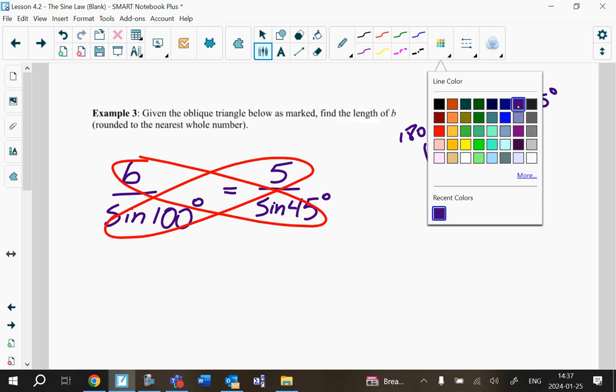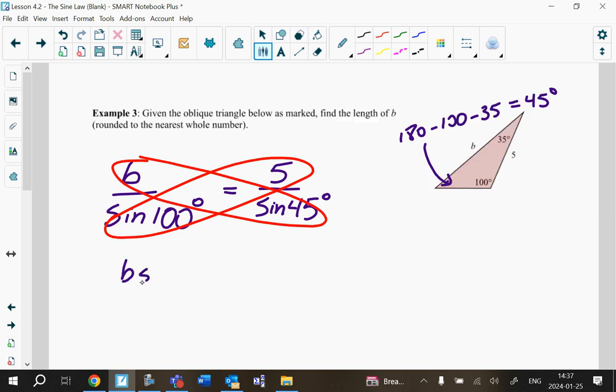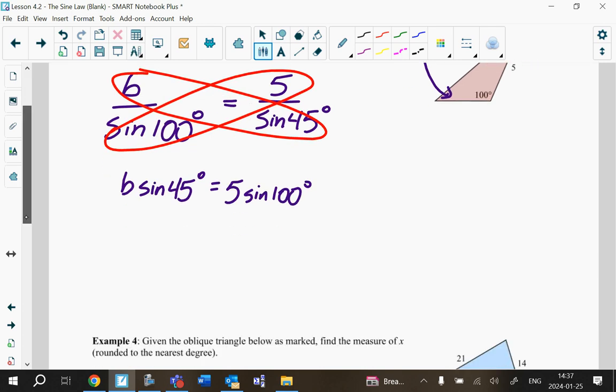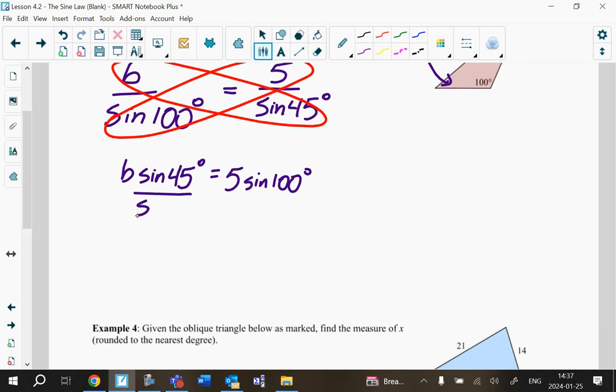So I get b times the sine of 45 degrees is equal to 5 times the sine of 100 degrees. Divide both sides by sine 45 to get b by itself.